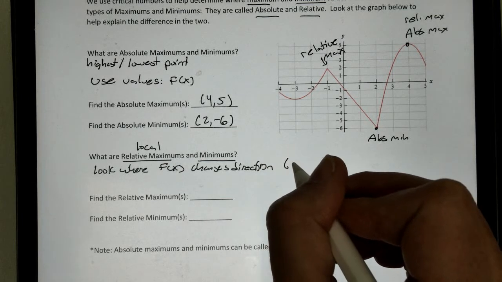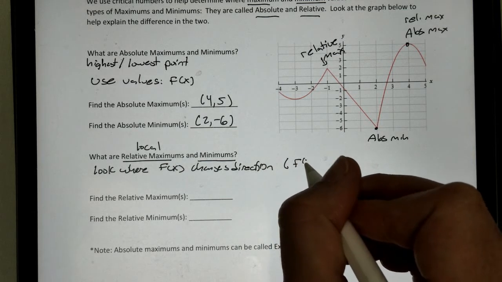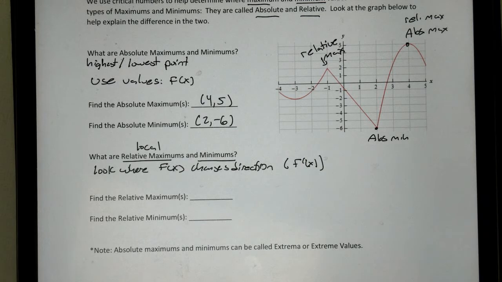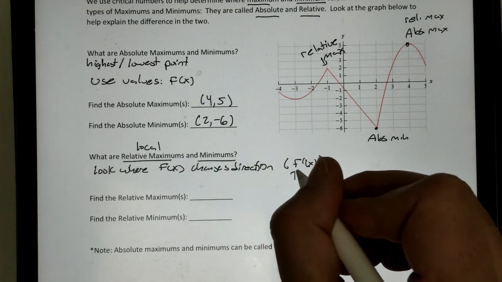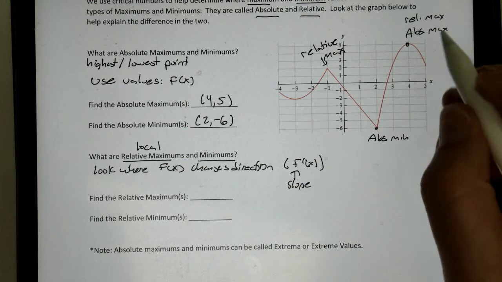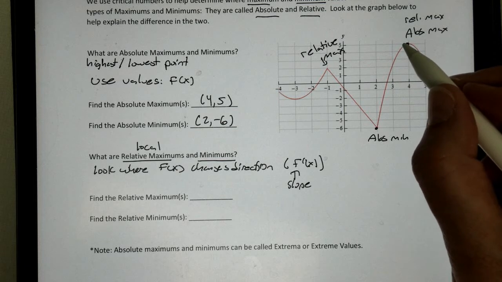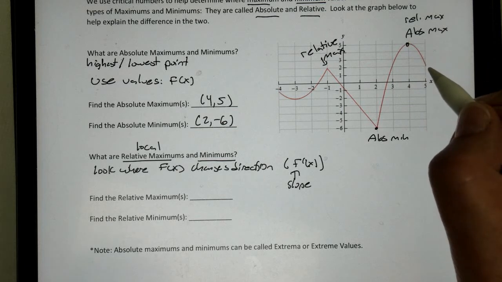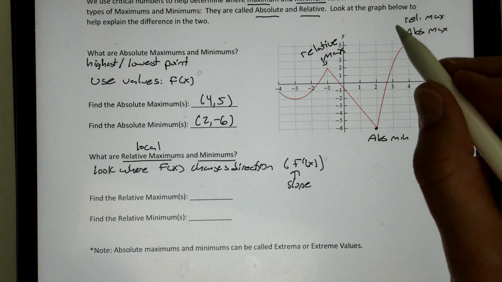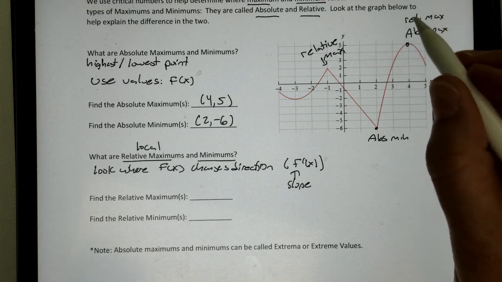For this one, we use the derivative of the graph, the slope. This is a relative max because notice I'm going up right before it and I'm going down right after it. We call that a relative maximum.